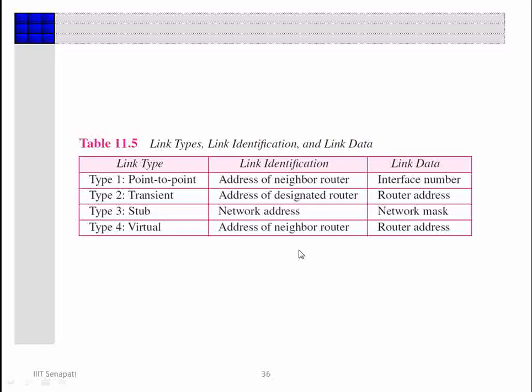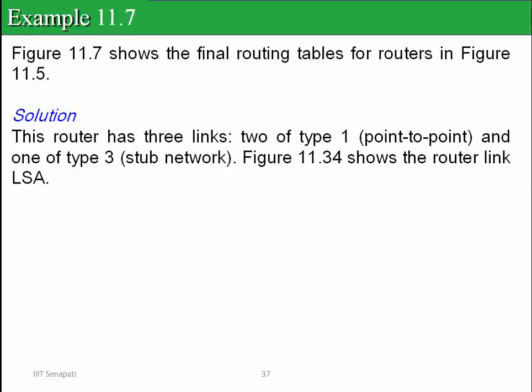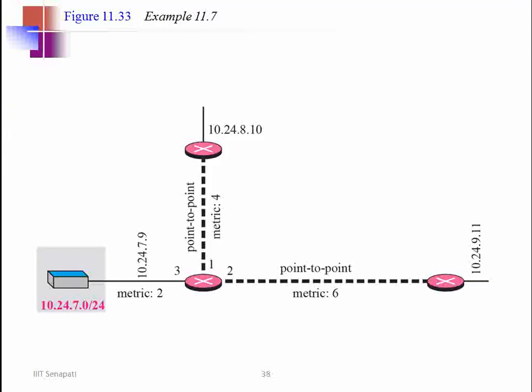Okay, so now if we try to see something, here we are going to see an image which has the final routing table for routers. Actually we have seen the viewer earlier.